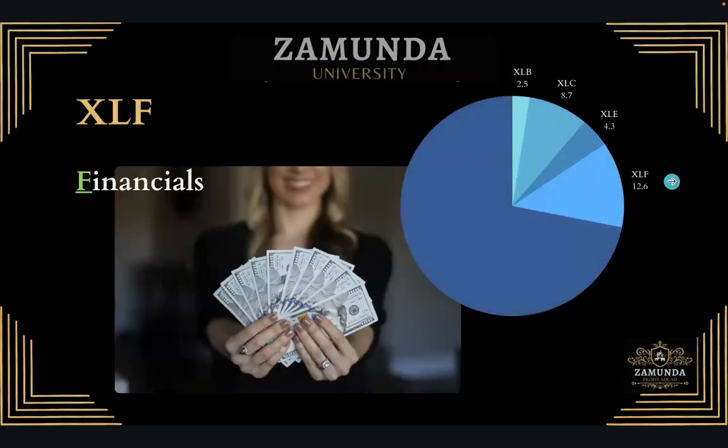The next sector is going to be XLF for financials. Now, financials is the third largest sector in the S&P. That's going to be like your JPMs, your Wells Fargo, Bank of America, Berkshire Hathaway, things like that. So that is going to be your financials, XLF.